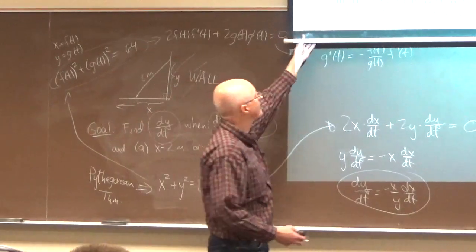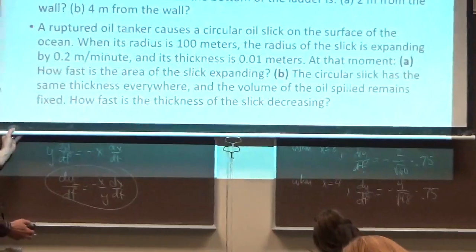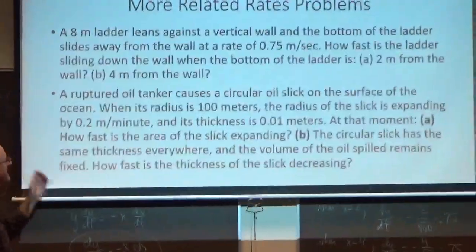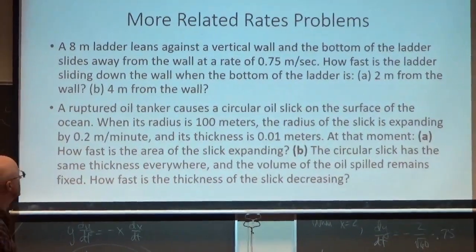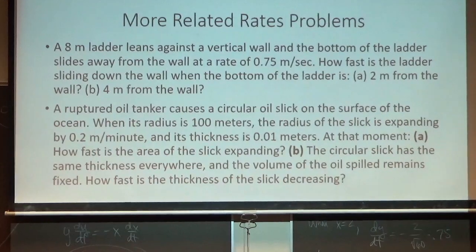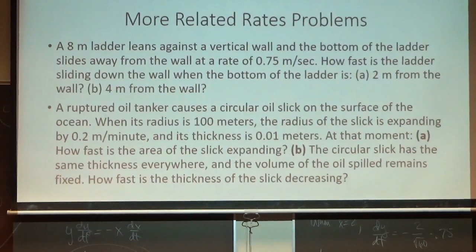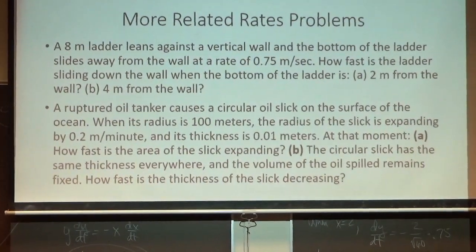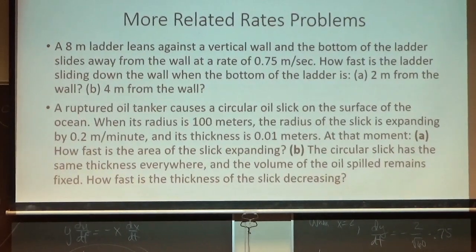One more problem. A ruptured oil tanker causes a circular oil slick on the surface of the ocean. When its radius is 100 meters, the radius of the slick is expanding at a certain rate. And it's got a certain thickness.